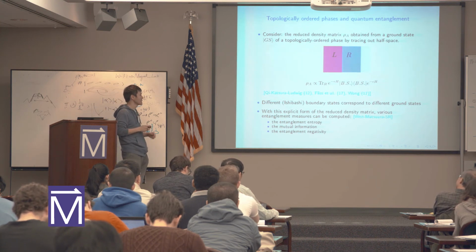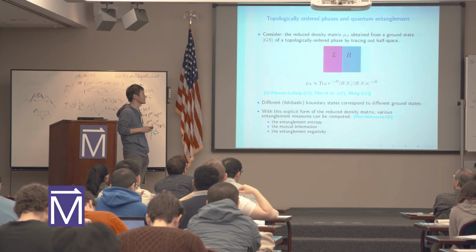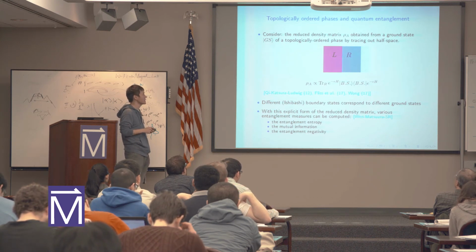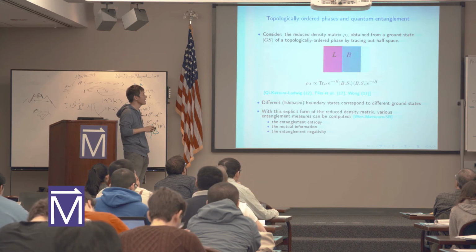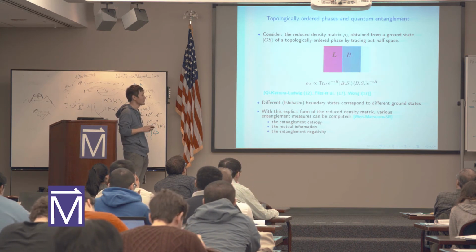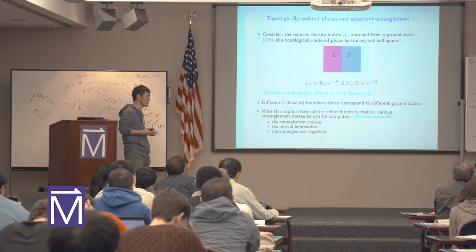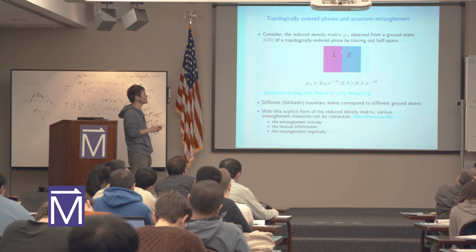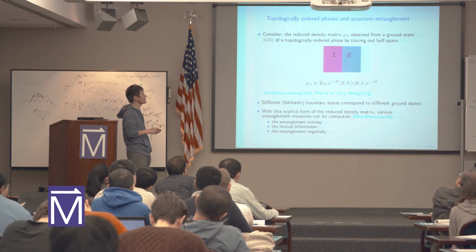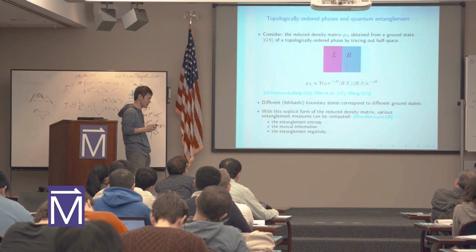But there's a series of works listed here which basically shows that this reduced density matrix can be written in terms of the edge theory of the system, which may be viewed as living on the boundary of this fictitious edge, which you create by making the entanglement cut.